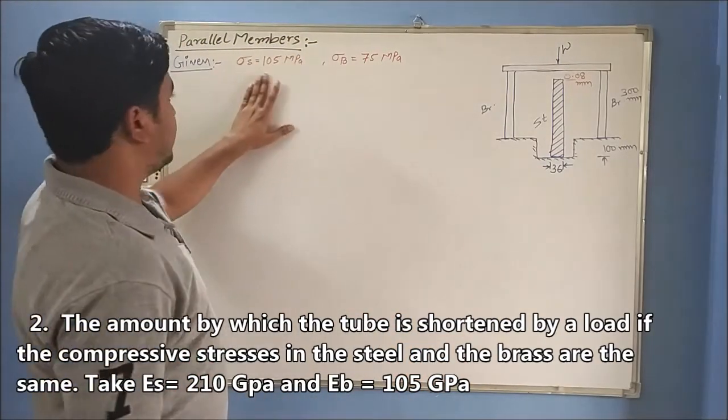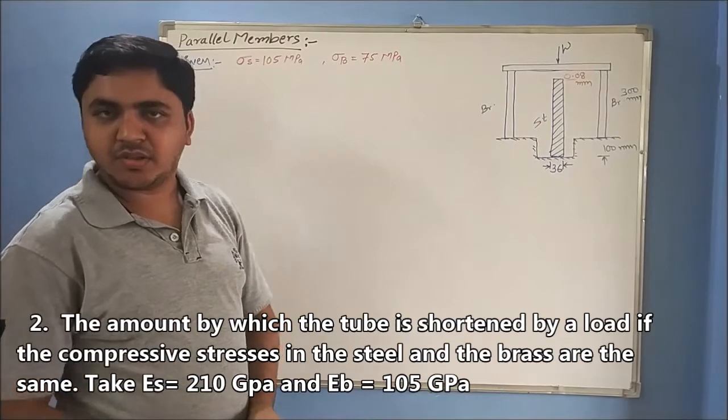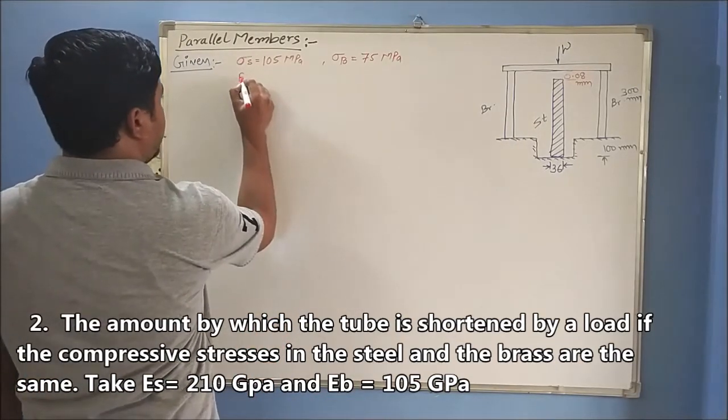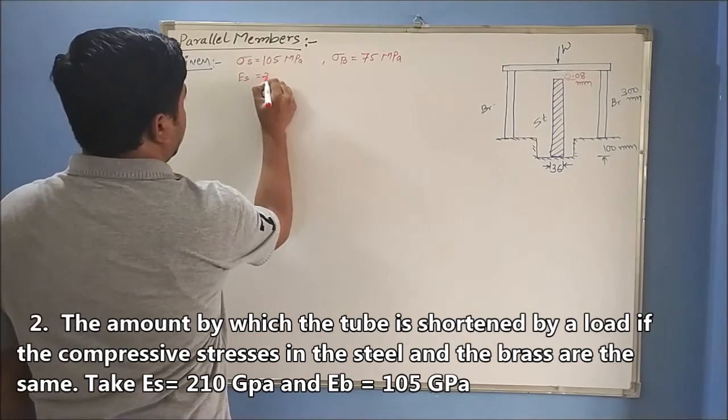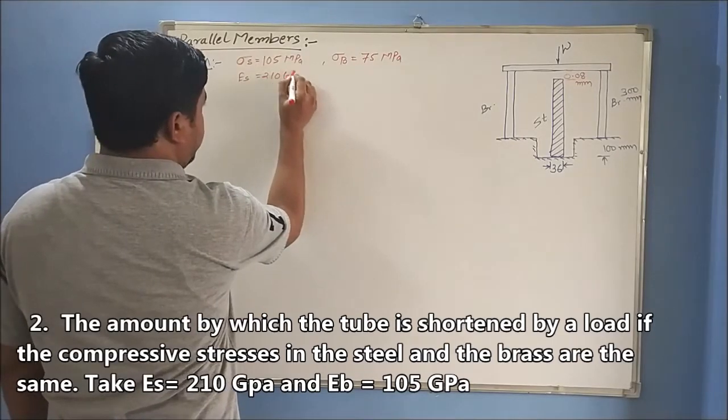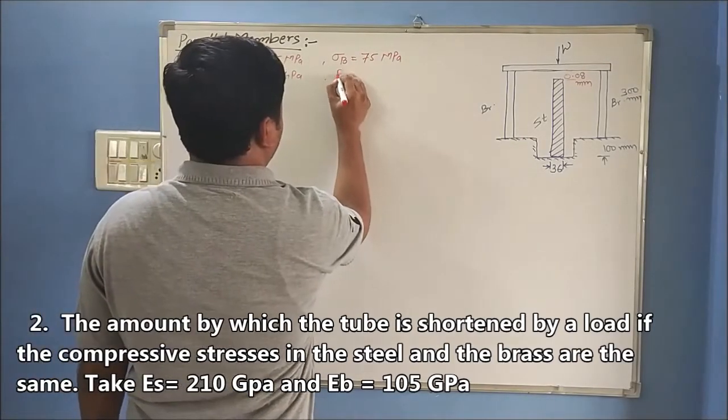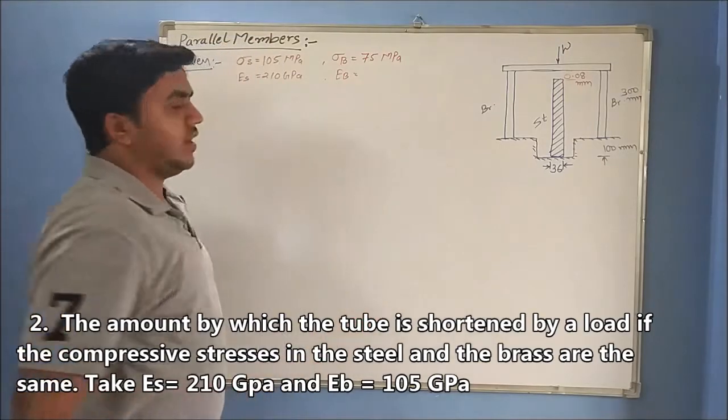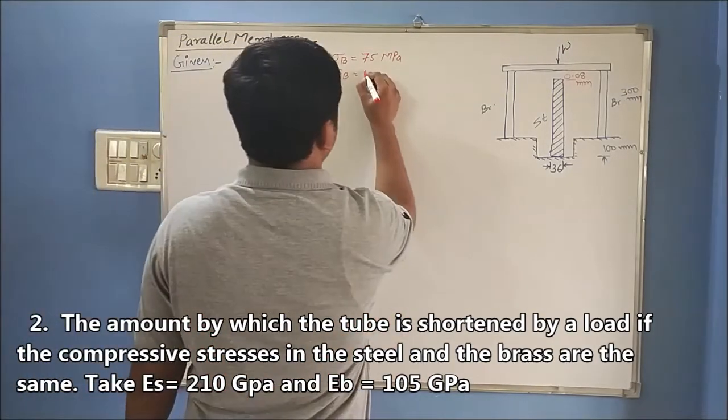Okay. Now, one more thing is given to you, that is Young's modulus of steel and Young's modulus of brass. Young's modulus of steel is given as 210 GPa, and Young's modulus of brass is given as 105 GPa.